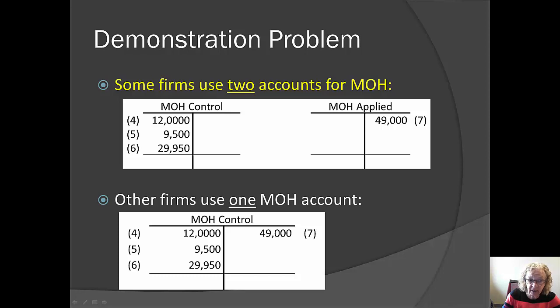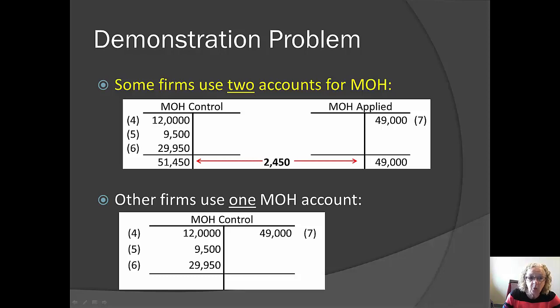At the end of the period, we can compare how much overhead did we actually incur and how much overhead did we apply. If it turns out that the amount of overhead that we applied is exactly the amount that we incurred, we're done. But that almost never happens.